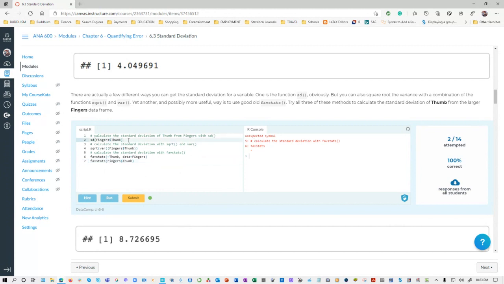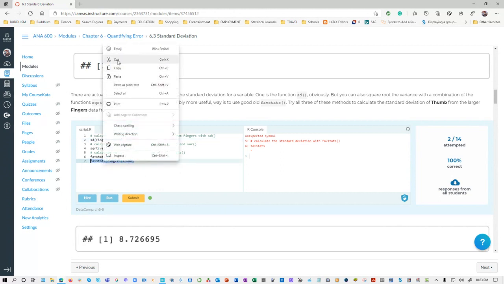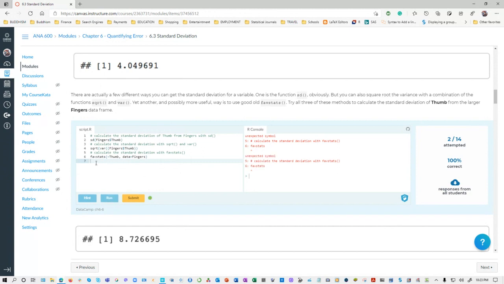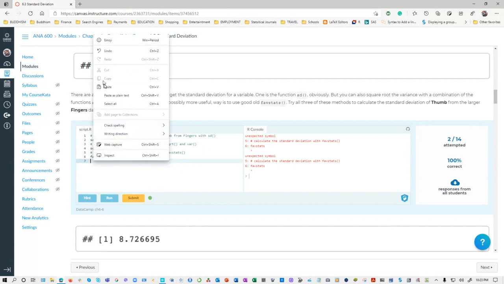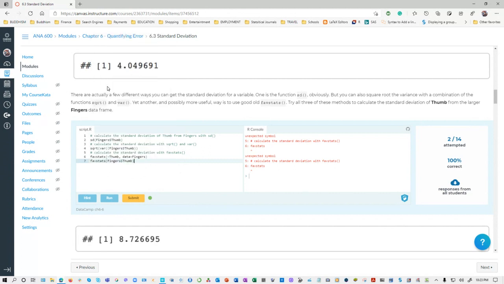Calculate the standard deviation of favorite stats.